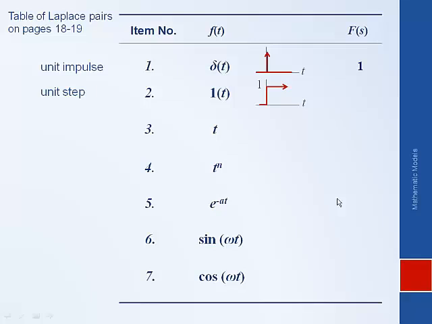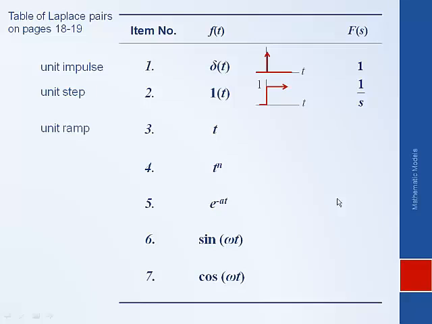Sometimes you'll see other notations like u of t, but in our book and in this class we're going to use 1 of t. And so be careful, this doesn't mean 1 times t. It is the unit step function. Again, if you take this function, substitute it into the integral, and solve the integral, the result is 1 over s. So the Laplace transform of the unit step is 1 over s.